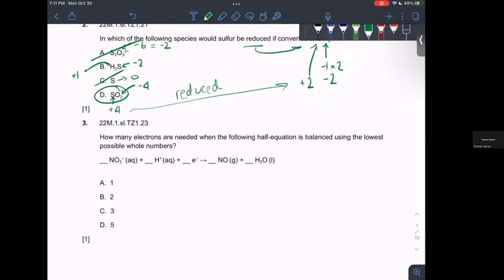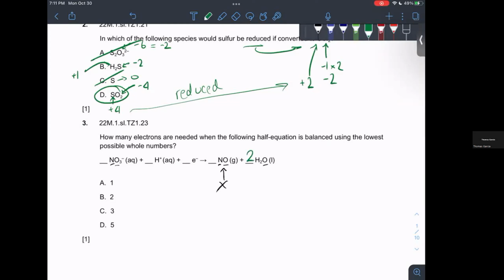All right. Moving on, how many electrons are needed when the following half equation is balanced using the lowest possible whole numbers? Well, I'm just going to go through. I see that nitrogen and nitrogen is balanced. Oxygen, we have 3. Oxygen, we have 2. I need to increase the oxygen. I don't want to increase it here because then that would change my nitrogen as well. So I want to increase the oxygen in H2O.